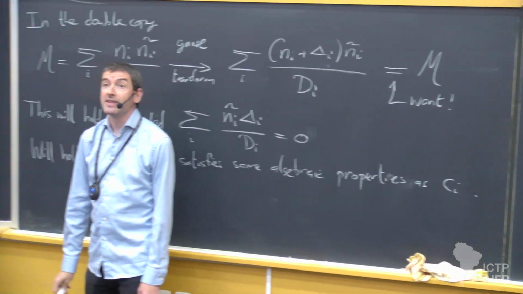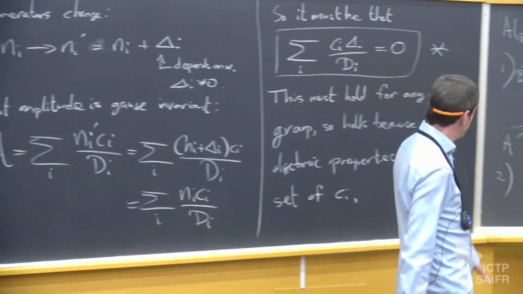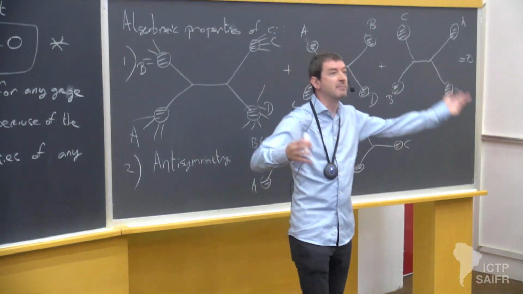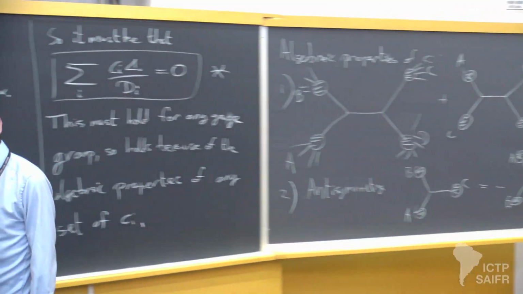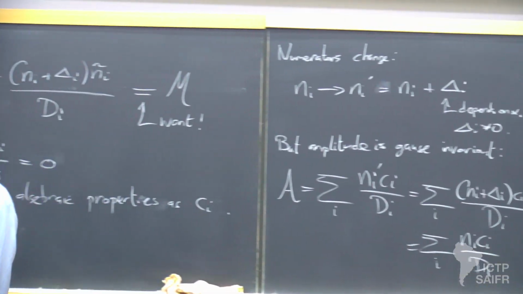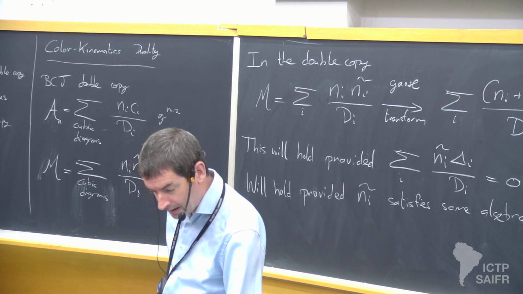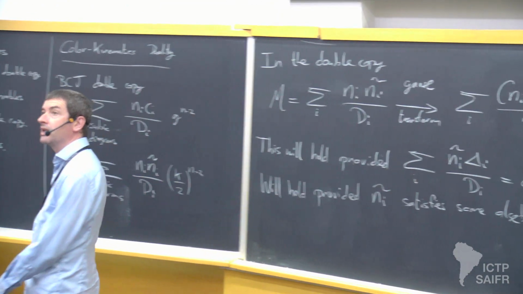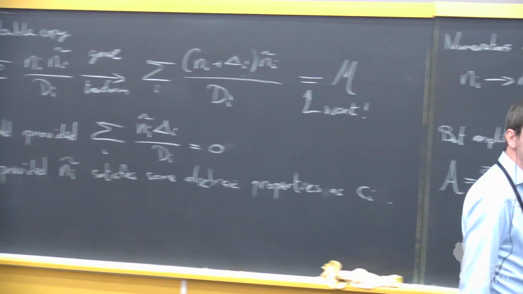So in other words, anytime the C_i satisfy a Jacobi identity, the N_i's better do too. The anti-symmetry property is more or less built in, in our Feynman diagrams, that's easy. So the interesting thing is the Jacobi relation. That's one way of understanding where color-kinematics duality comes from. Are there any questions on this?